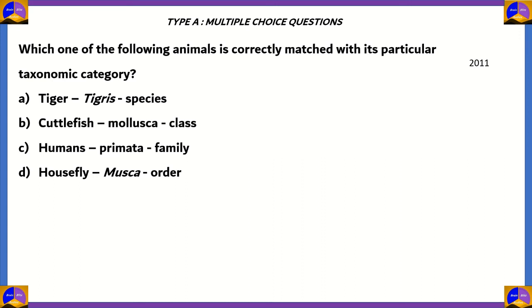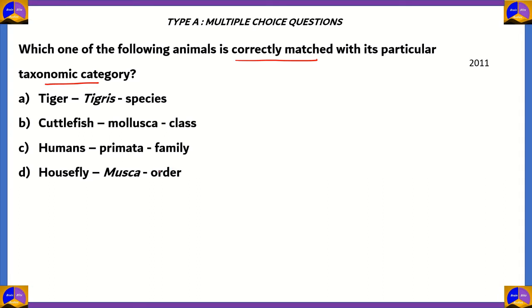Moving on. Which one of the following animals is correctly matched with its particular taxonomic category? We have tiger, tigris species, cuttlefish, mollusca class, humans, primata family, housefly, musca order.